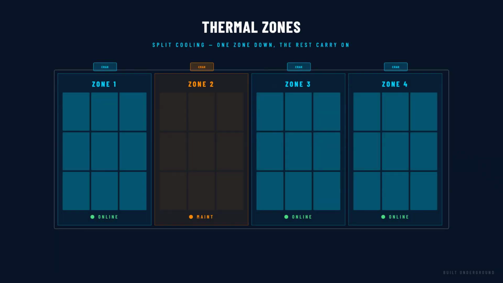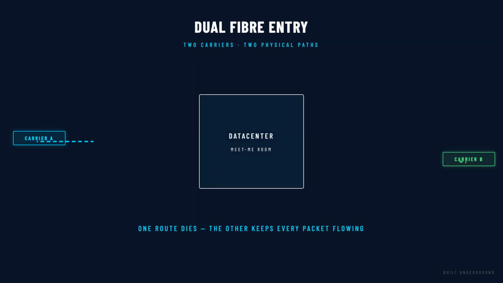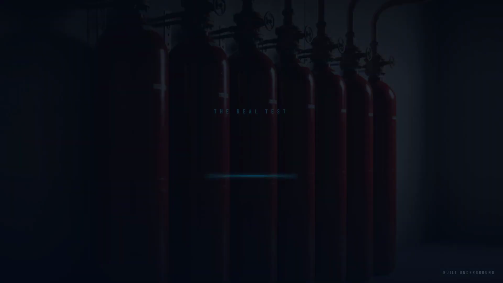Network connectivity is also redundant. Dual fiber entries from different carriers routed through different physical paths into the building. If one carrier or one route fails, the other maintains connectivity. Even fire suppression has redundancy. Gas suppression systems have primary and reserve cylinder banks. If the primary bank fails to discharge, the reserve bank activates automatically.